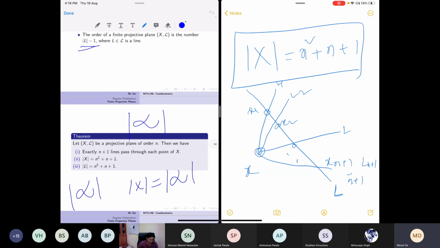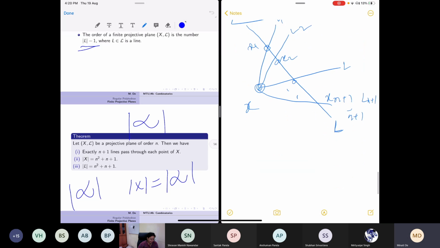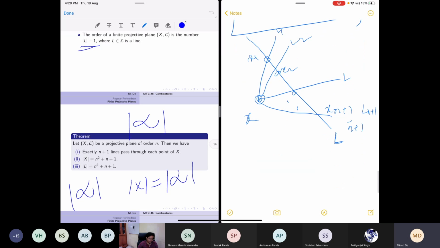Now if you count all the points contained in all these lines, how many elements are there in X? At least how many elements can you have in X? Can you give me the count? In L1, apart from this common point X, I have exactly n plus 1 points.